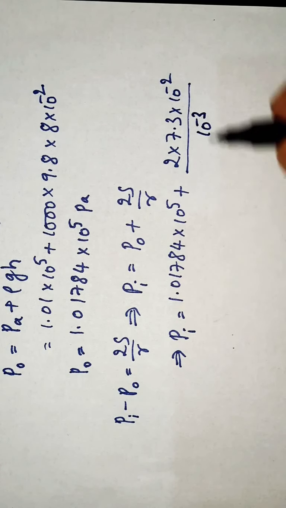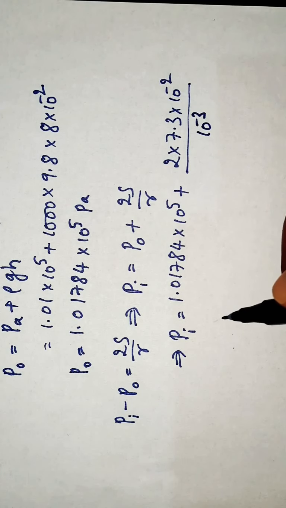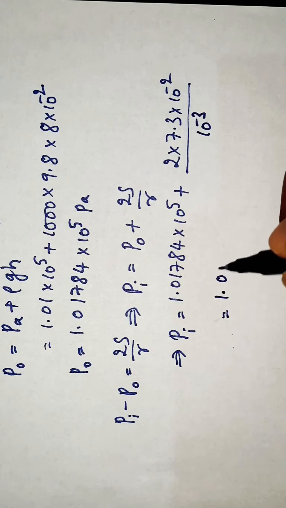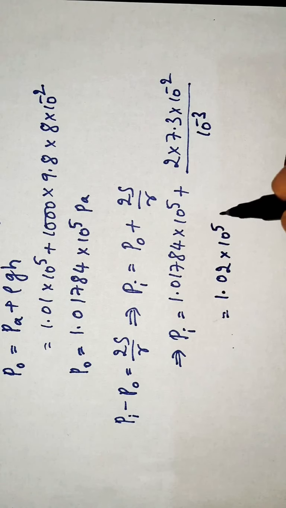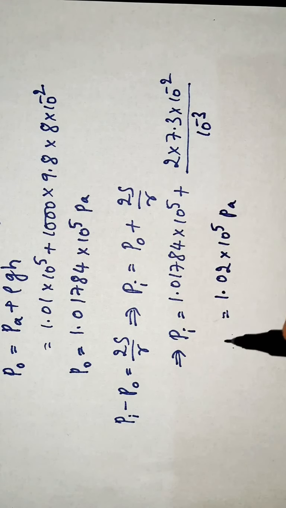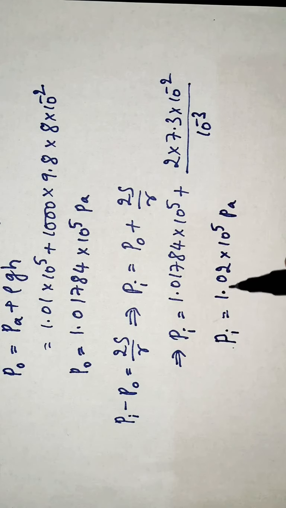If we simplify this, we get 1.02 into 10 to the power of 5 Pascals. So the pressure inside the bubble is 1.02 into 10 to the power of 5 Pascals.